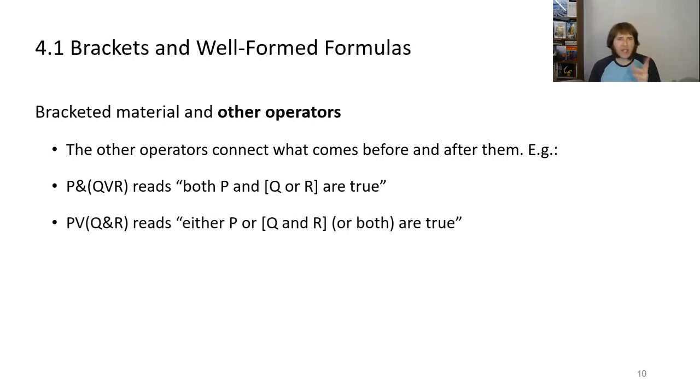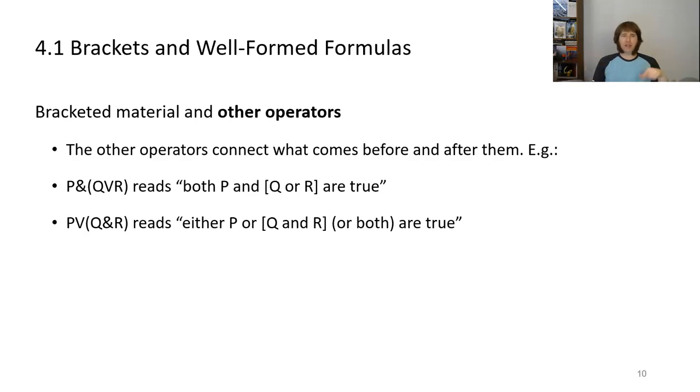Right? We can switch it around. And this is where the brackets become really important. So you can't have just a string of operators and simple statements in a row with no brackets, because then we're not really sure how to read it. But when you use the brackets, what you're doing is showing what are acting as disjuncts or conjuncts or the antecedent and consequent, what it is the operator is taking as the units it's modifying. So the second example, P or (Q and R), now it's a disjunction that is really the main operator, that's what the complex statement overall is.